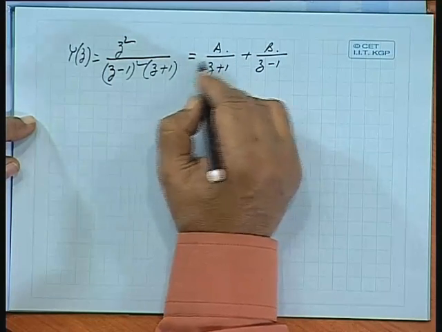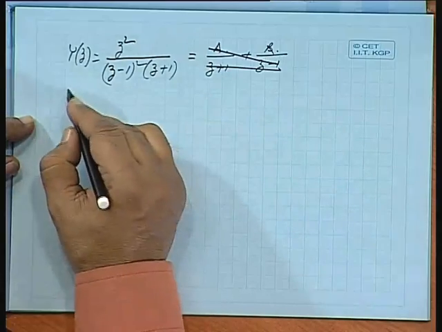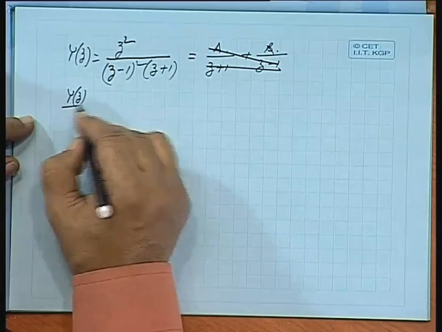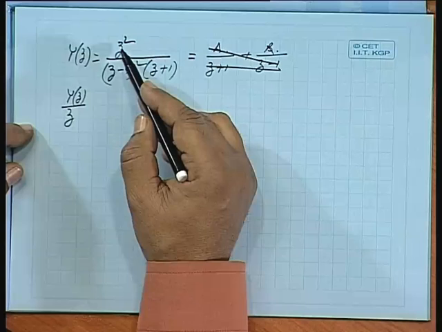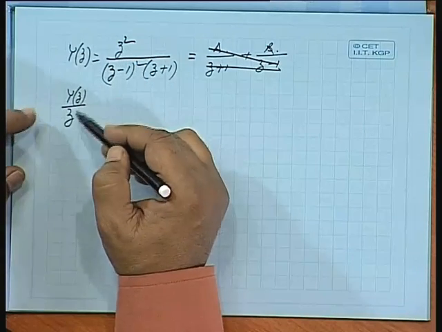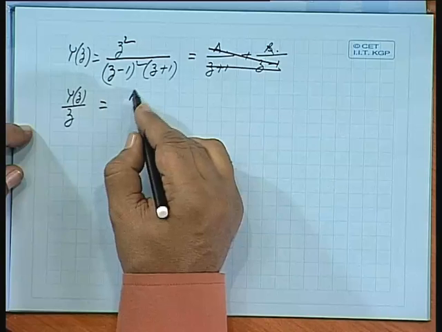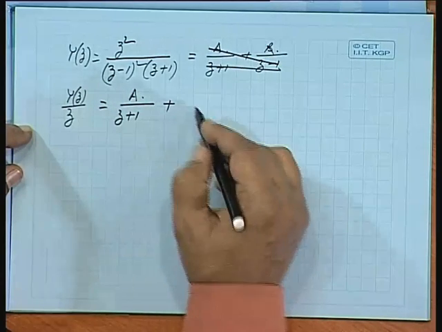Sorry, I will take Y(z) by z. Whenever you are having the function in terms of z, not z inverse, then it is better to take Y(z) by z as the partial fraction.